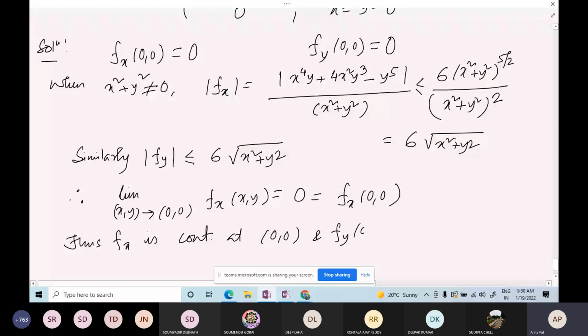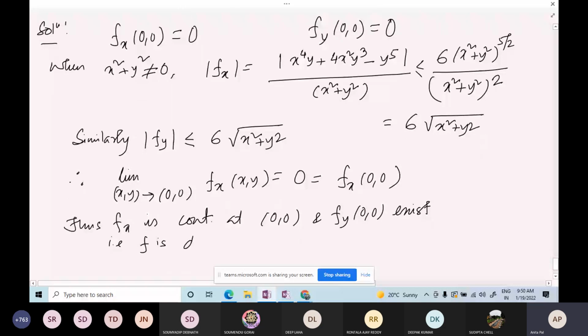That is, f is differentiable at (0,0). We have used the sufficient condition for differentiability.